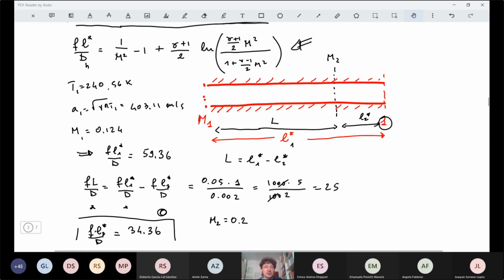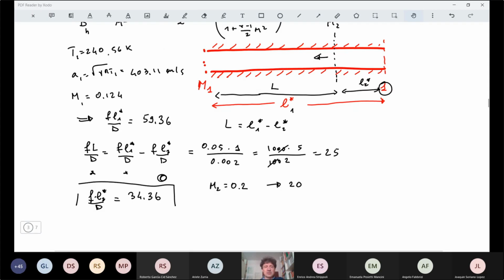We have a higher acceleration, and we check that with 0.2 we would have for our length 20. So it must be more. To get more for this length, it means that you have a lower Mach number. You should move in this direction. So we have to reduce the Mach number, considering that here we need to stay at 34 rather than at 20. So I try with a point, we can interpolate and consider here this.